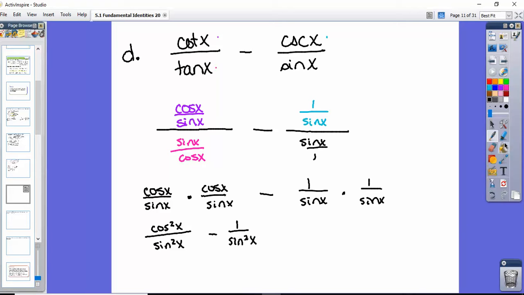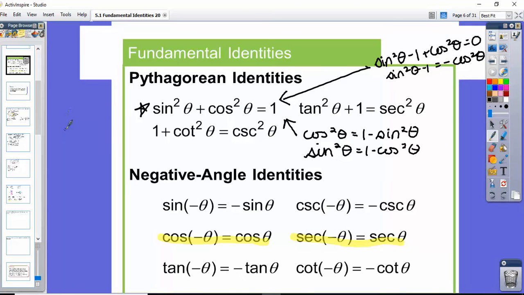We know to add or subtract fractions we have to have a common denominator, but lucky for us, these do. So I can put them together into one fraction. That's cosine squared x minus 1 over sine squared x. Cosine squared x minus 1.